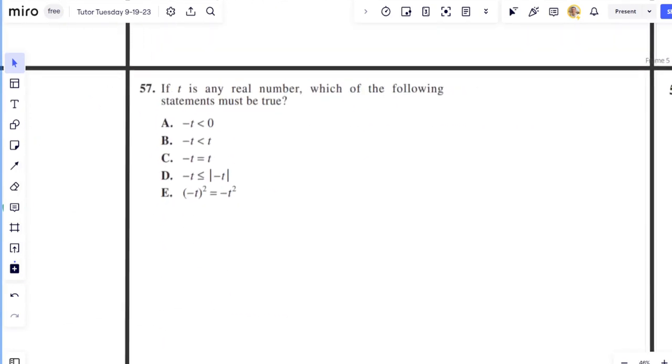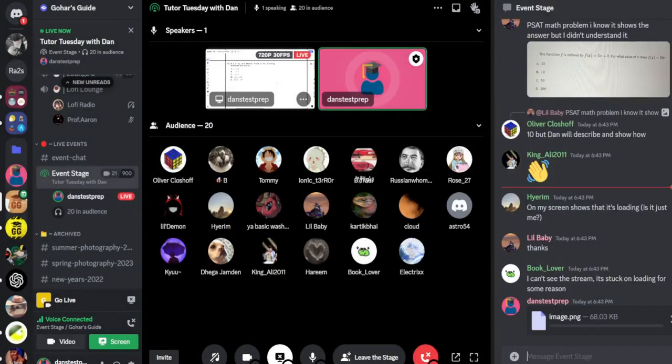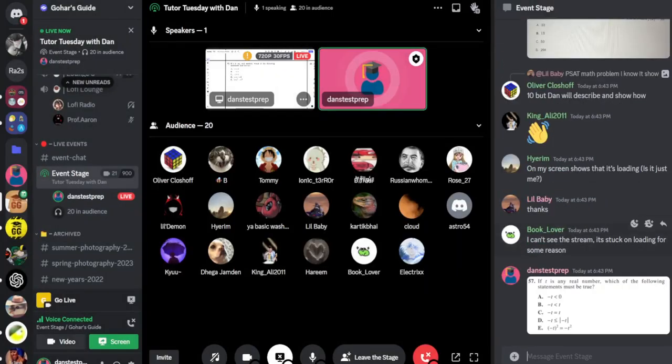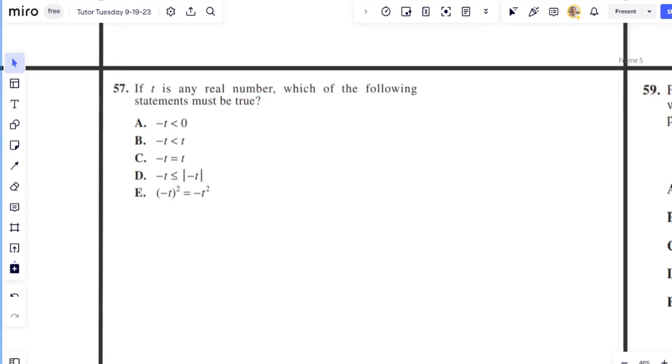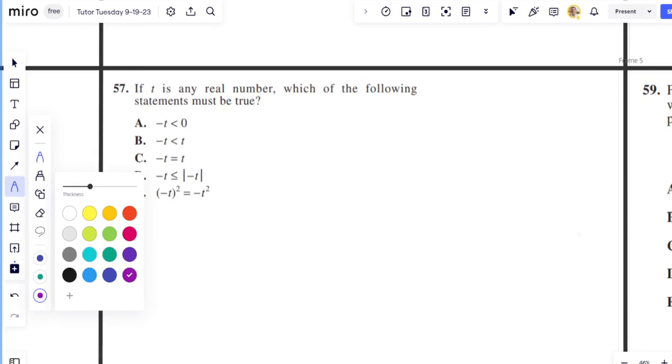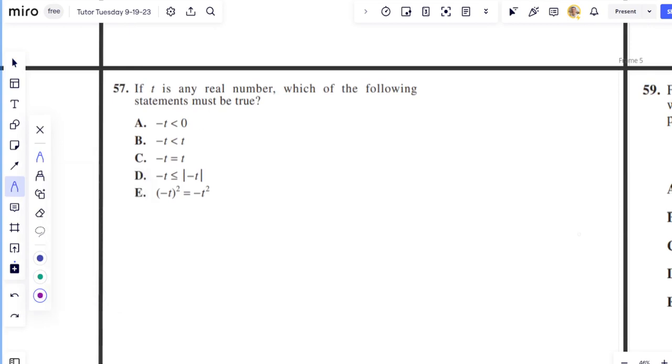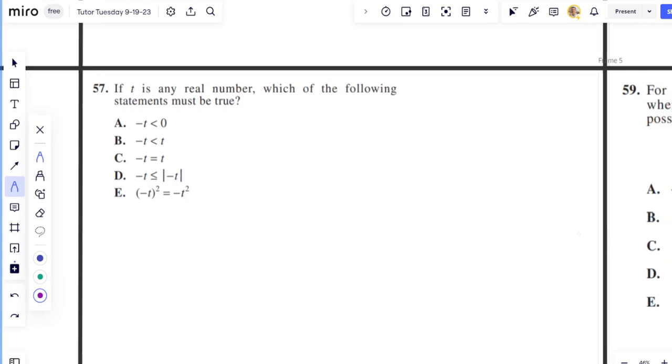57 here is an interesting one. If t is any real number, which of the following statements must be true? Any real number. It has to be true for all real numbers. What do you guys think? Well, I know that negative t less than 0 is actually false.